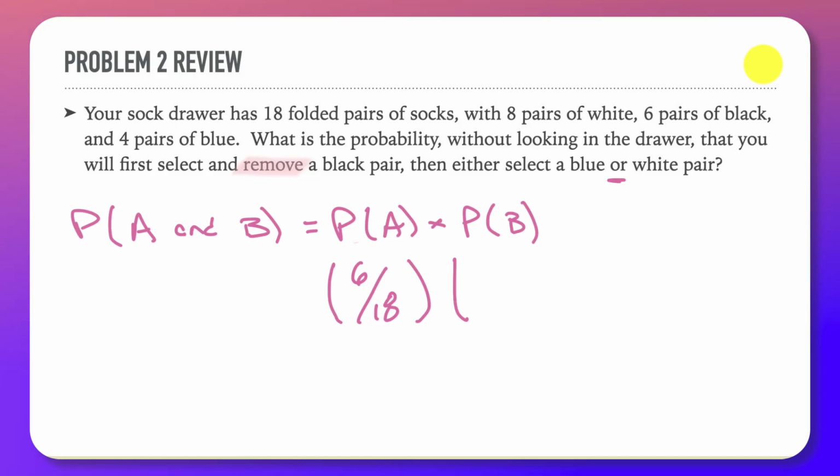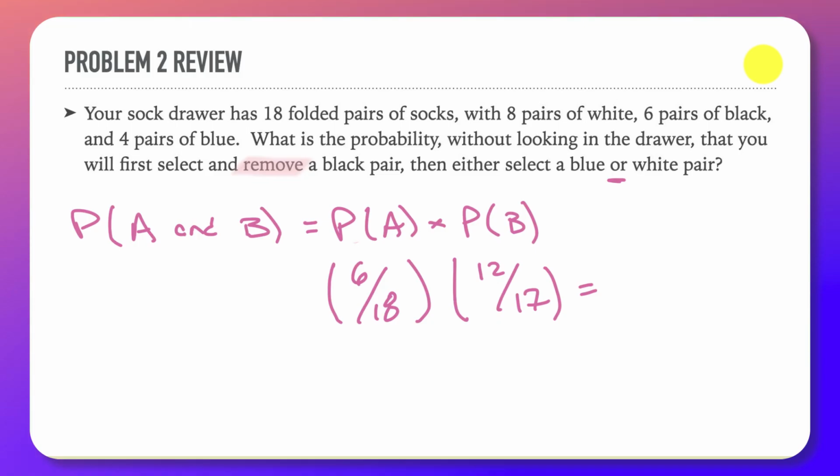The only ones you can't select, the complement of those two grouped together, would be the black socks, in which there's only 5 pair left. So the probability of getting a blue or white pair next, you've already pulled out the black pair. There's 4 blue and there are 8 white. So you've got 12 out of 17.